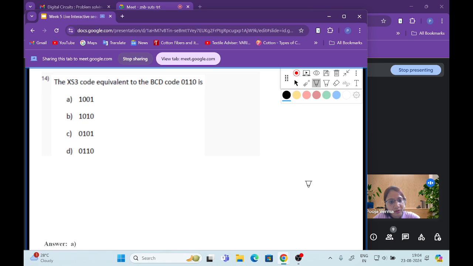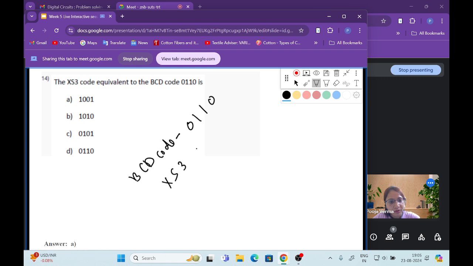The next question is: what is the XS3 equivalent code for the BCD code 0110? You already know that if we add 3 to a BCD code, we get the XS3 code.